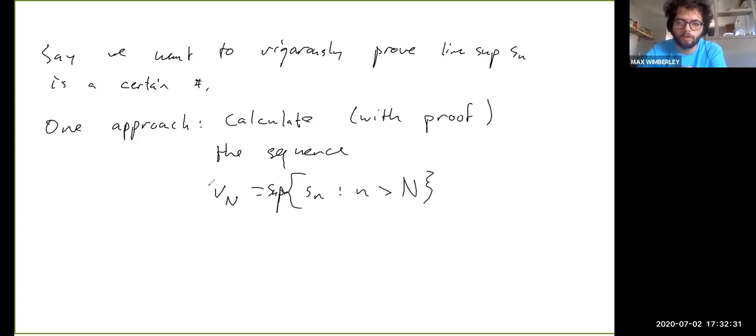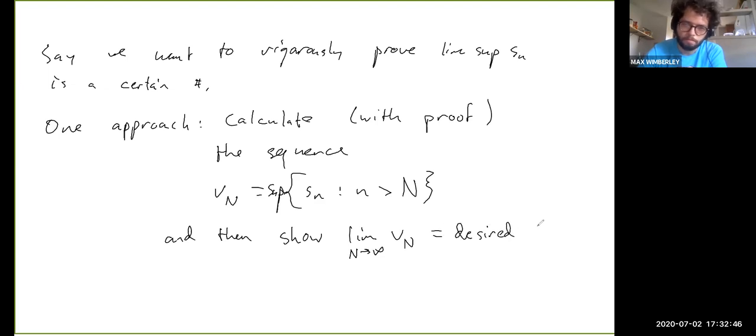So you could try to find some way of describing this sequence and then show the limit of Vn is the desired number.